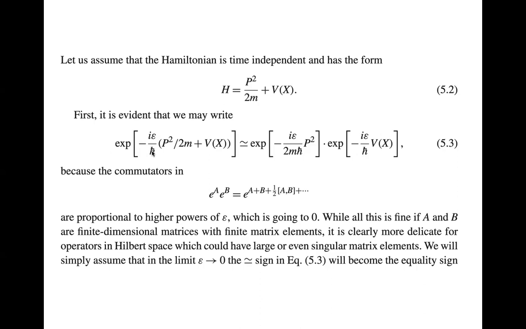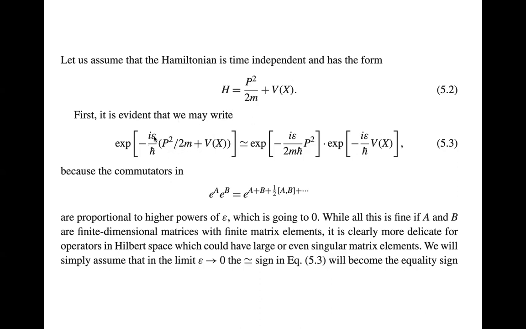Because we're working with an infinitesimal amount of time epsilon, this describes the evolution of the state of the particle during that time: e to the minus i epsilon divided by h bar times this Hamiltonian.